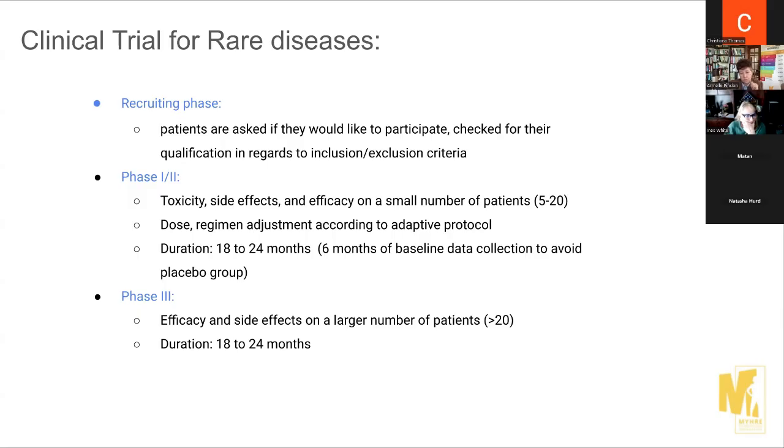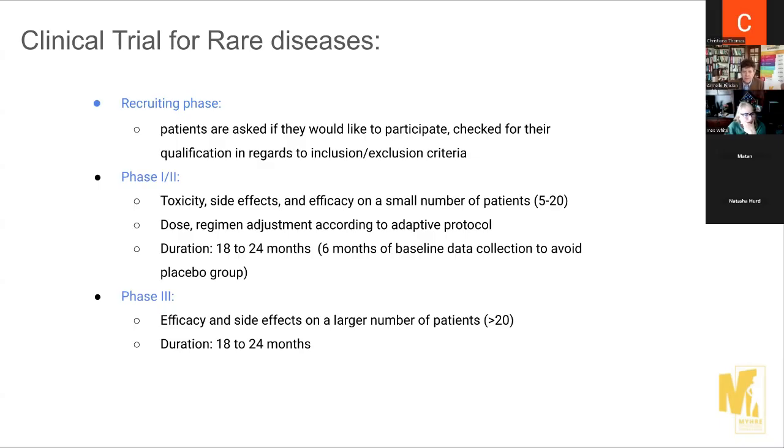So we are going to look at the dose, the regimen. We are going to adjust according to adaptive protocol. So in essence, that's where you have one of the different types of protocol. We take some part of each that we like and we create our own protocol.